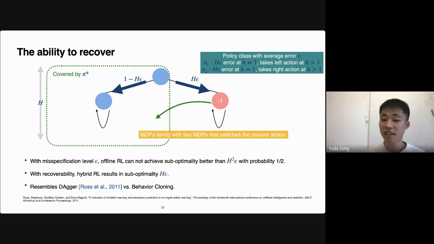As we just discussed, if you have pi star coverage, and by that I mean not purely expert data, just pi star is covered, then I think it's a very ideal setting for hybrid RL, because for offline RL to work, you do need this extra assumption.